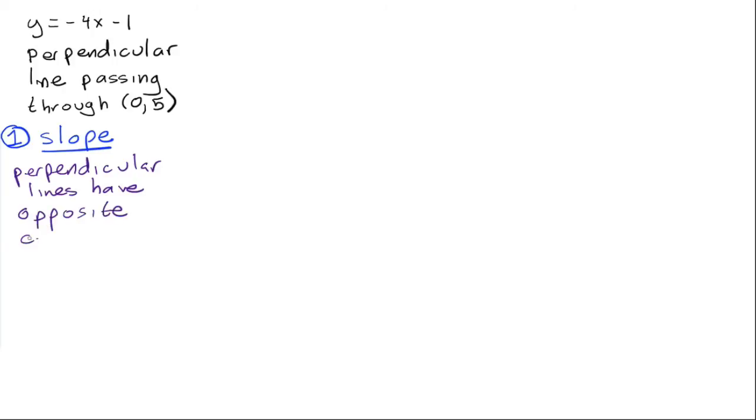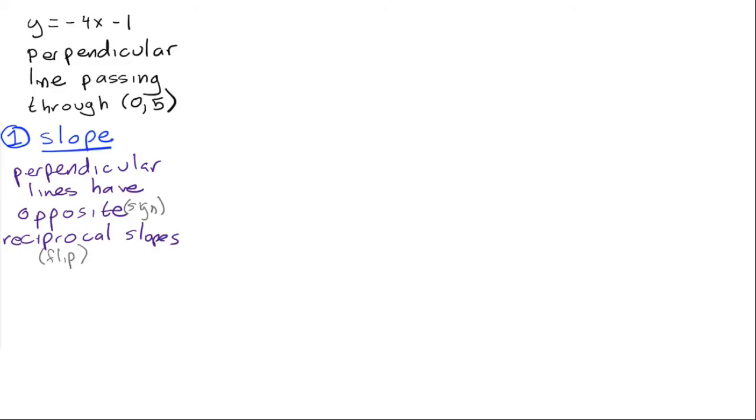Now, what does opposite reciprocal slopes mean? Well, opposite is talking about the sign. It means that they have the opposite sign. And reciprocal means that you flip the fraction.